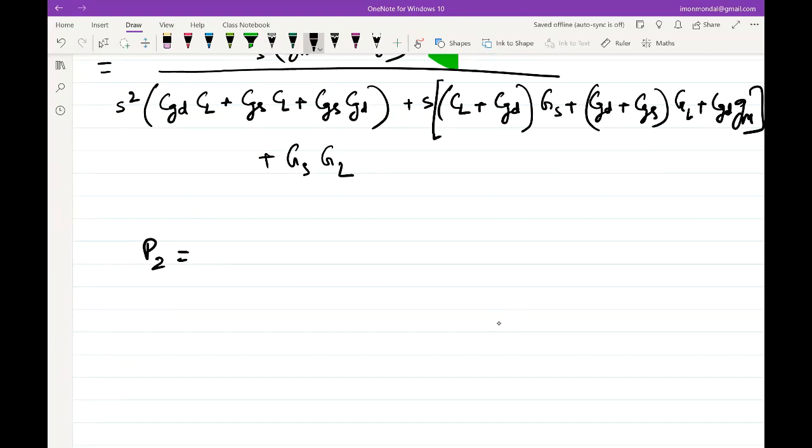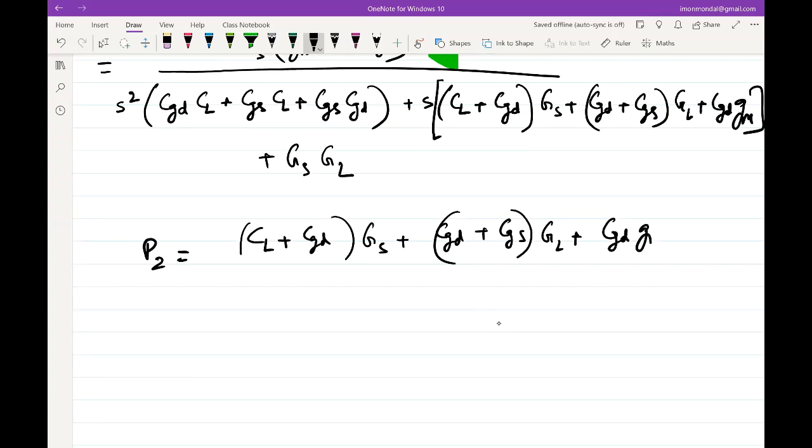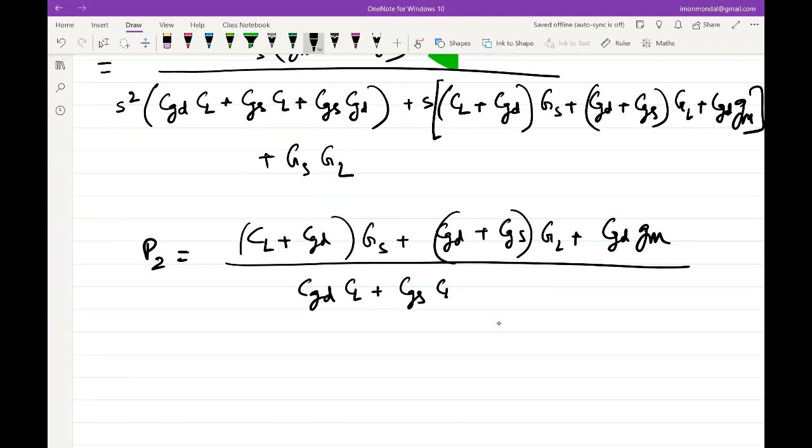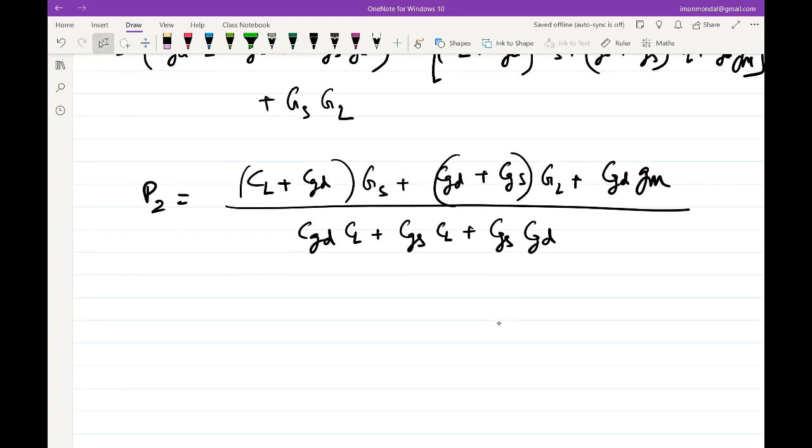So let's do that. Okay. So this again is not in the form of conductance. Dimensionally, this is not conductance over capacitance. So we'd like to do that.